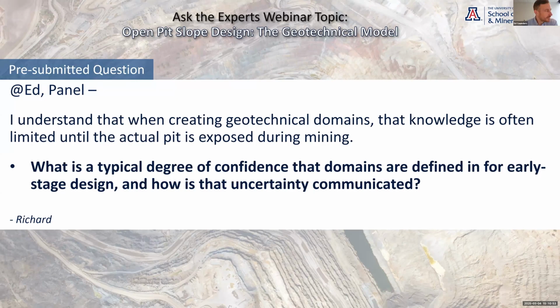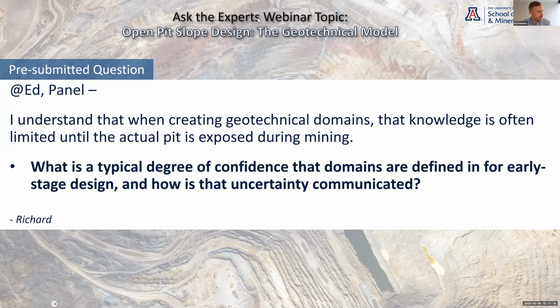Yeah, I think there's probably many ways that we could address this, but I think for me it goes back to the geological complexity. So if you're in an ore body that's relatively simple, then your confidence may be quite high through the study stage.